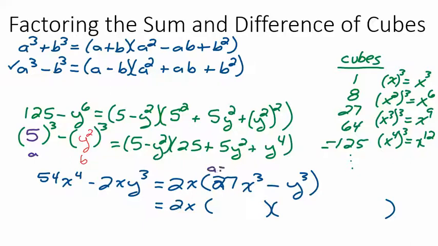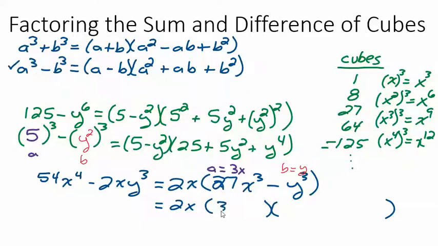So our a value is 3x, because 3x times 3x times 3x is 27x cubed. Our b value is simply y, because we have y cubed. So up here, wherever I see an a, I'm going to write a 3x. Wherever I see a b, I'm going to write a y.